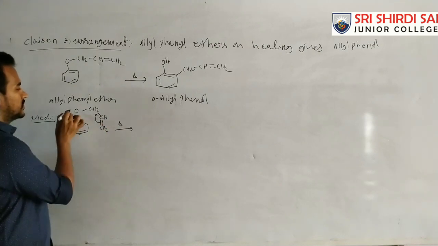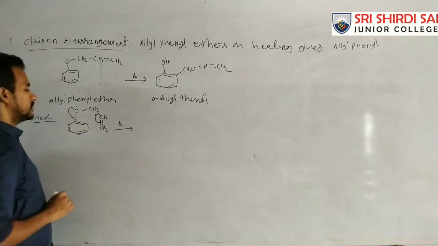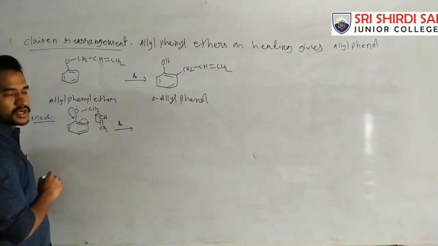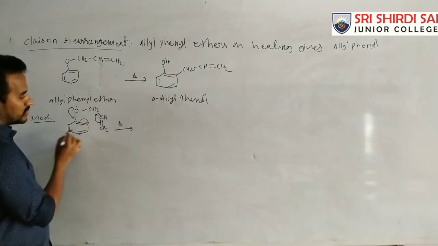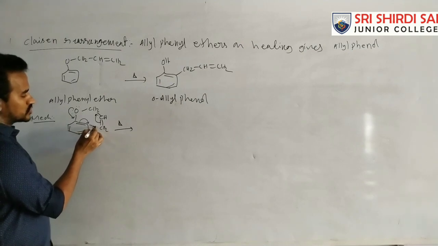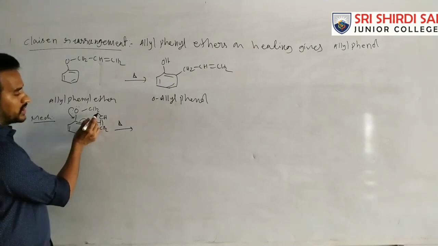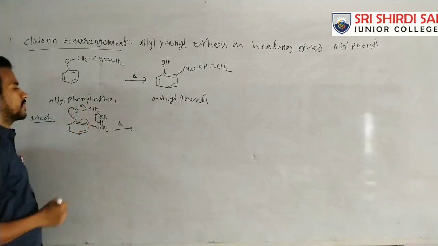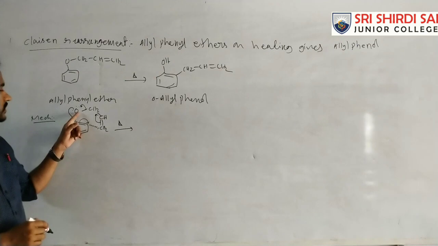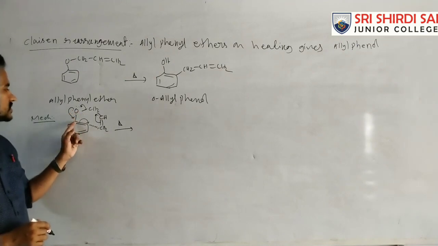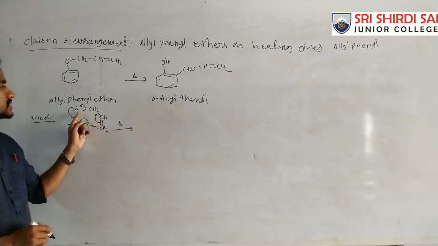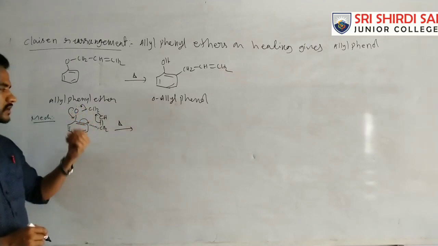Oxygen has non-bonding electrons, which transfer to this bond. Pi electrons transfer to this carbon, so this carbon carries a negative charge, and then pi electrons transfer to the next carbon. So there is pi bond breaking, pi bond formation, and here sigma bond breaking. This oxygen donates non-bonding electrons to this carbon, then this one carries a positive charge. By the breaking of this carbon-oxygen bond, this oxygen gains electrons.